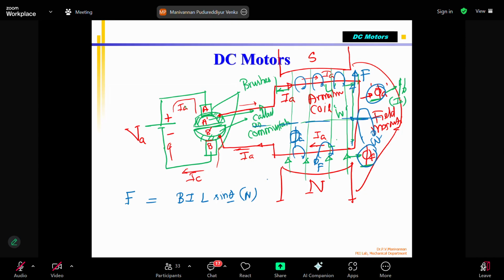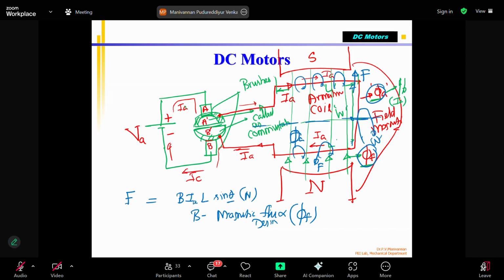Now in this, B is the magnetic flux density. It is nothing but phi F. Here B represents the magnetic flux under the field magnet. B is a permanent magnet, and phi A is going to vary, that depends upon IA.